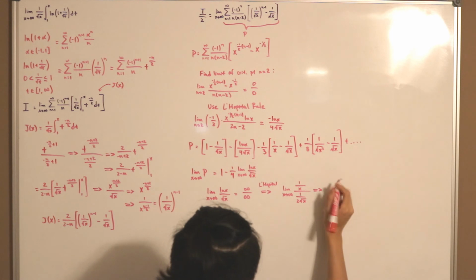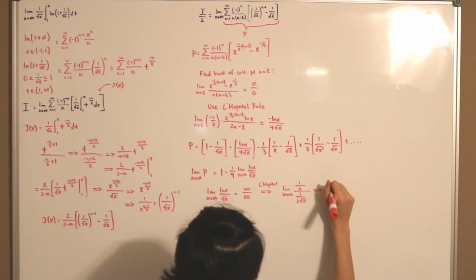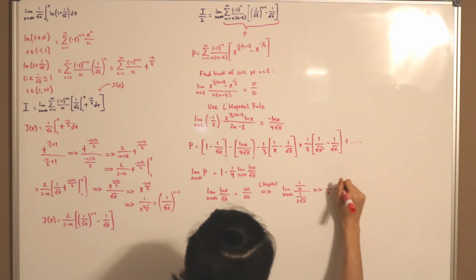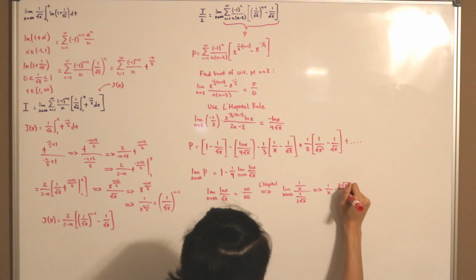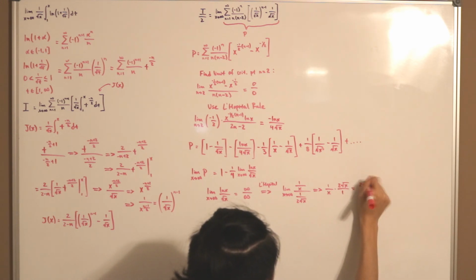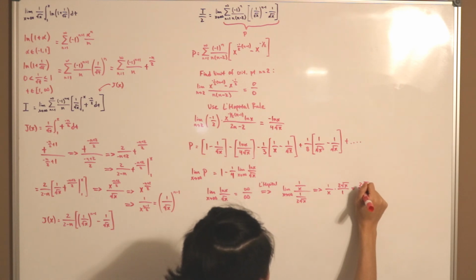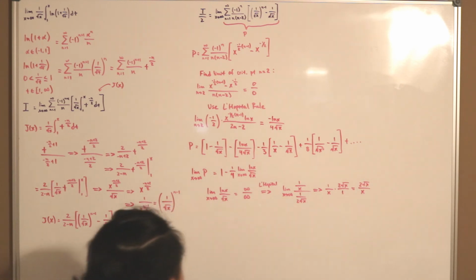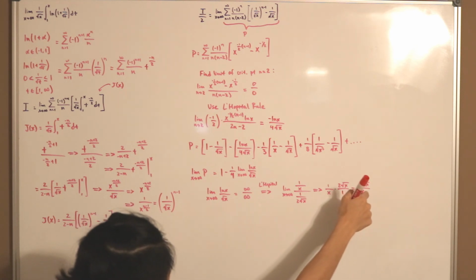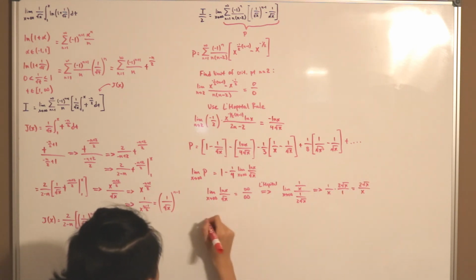Then I can also rewrite that as 1 over x multiplied by 2 times the square root of x, by 1, so that's equal to 2 square root of x over x. And they have the same base, so I can rewrite this a little differently.